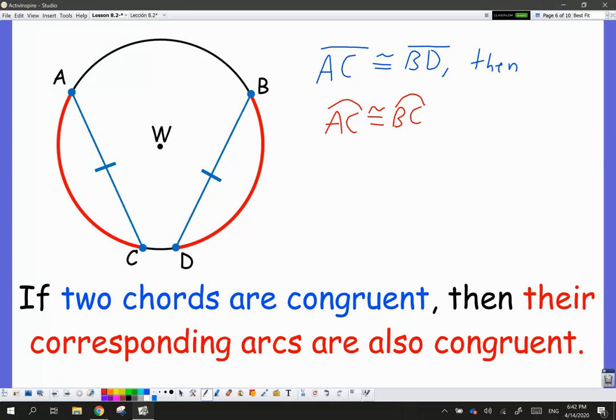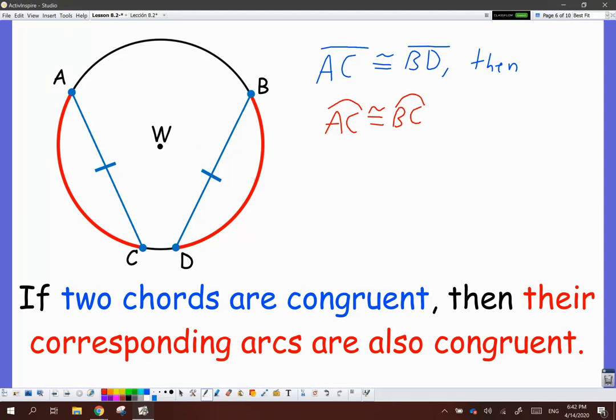So the length of chord AC isn't the same as the length of arc AC, or the length of chord BD the same as arc BD. That's not what this means. This means that if the two chords are congruent to each other, then their corresponding arcs are congruent to each other. All right? Don't get that confused.